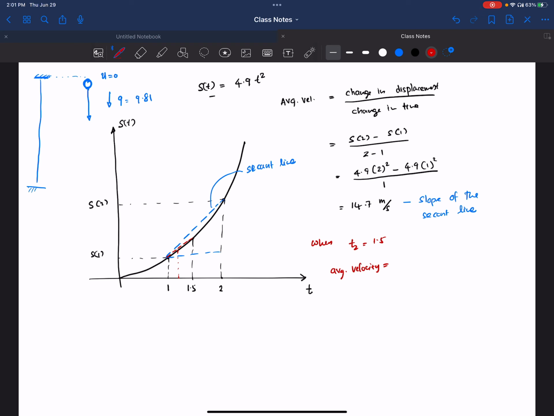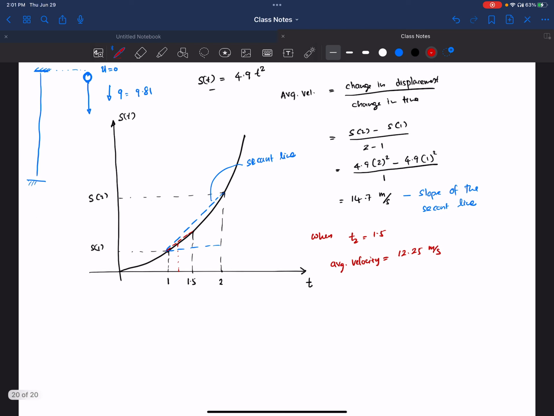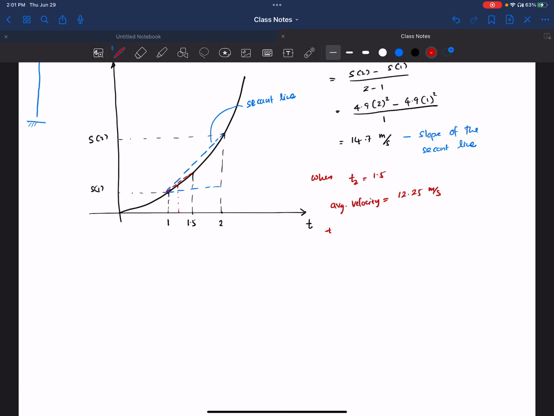At 1.5, it's 12.25 meters per second. And when t equals 1.25, you get average velocity 11.05, and so on and so forth, right? That also changes the gradient, or the slope, of the secant line.